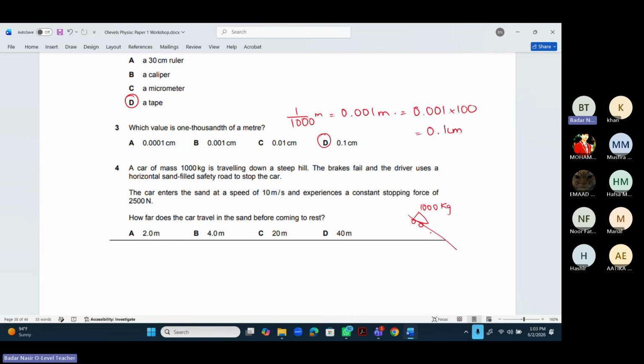It starts traveling at a speed of 10 meters per second, and here the car stops, comes to rest, and experiences a force of 2500 Newton. So how far does the car travel in the sand before coming to rest? First, if I find the acceleration from here, F equals m a, so a equals F over m. The force is 2500, the mass is 1000, so it comes to 2.5 meters per second squared.